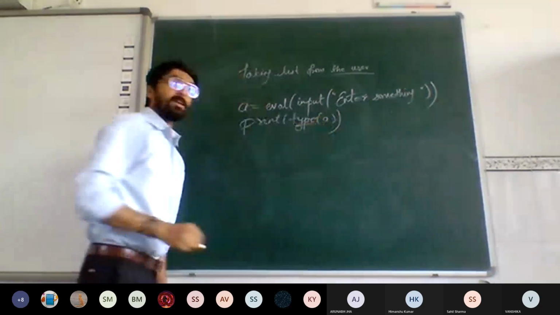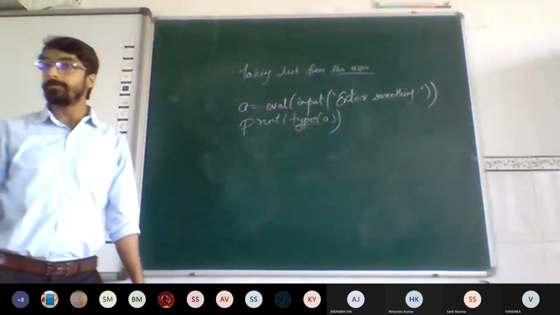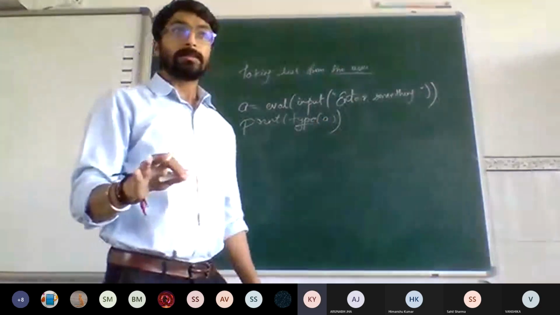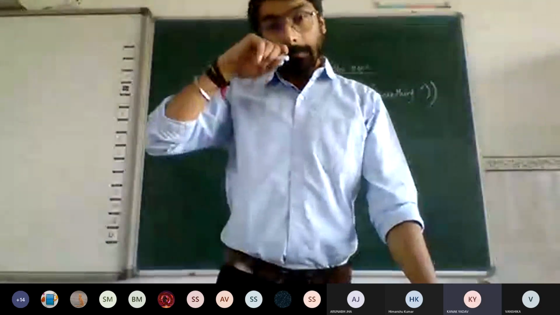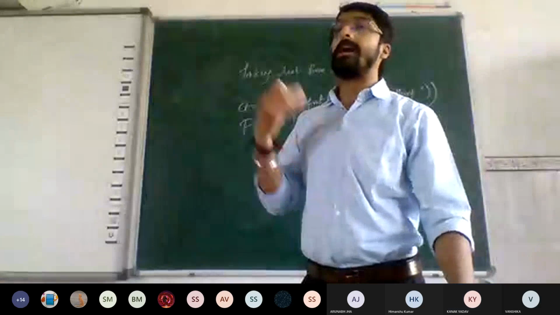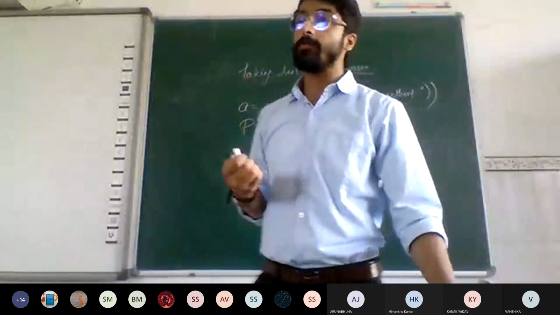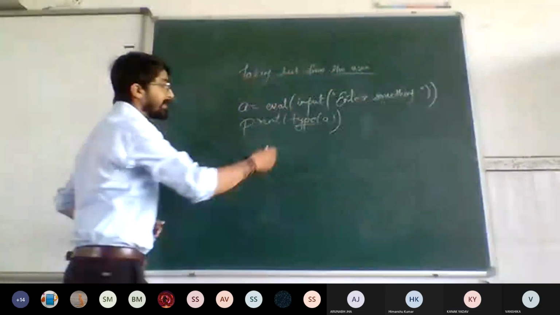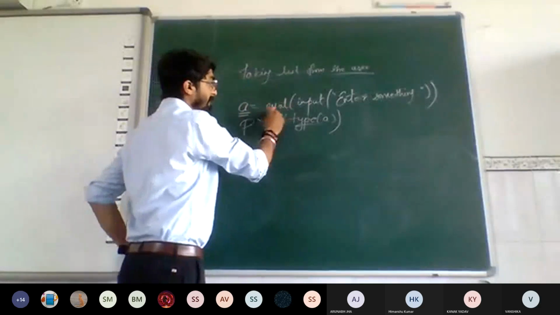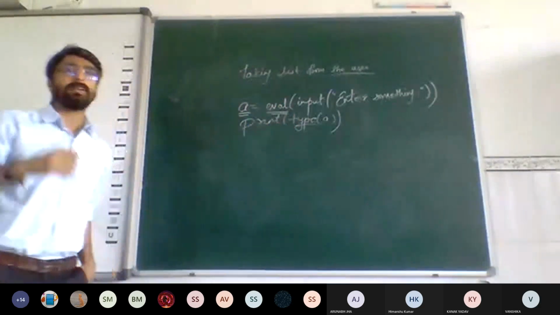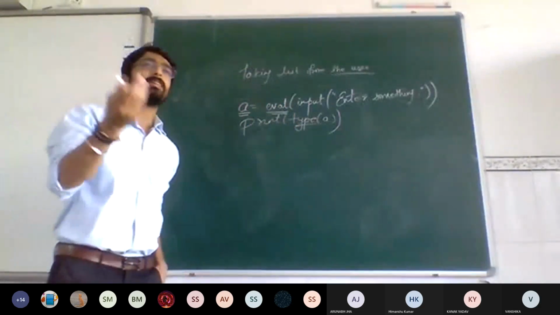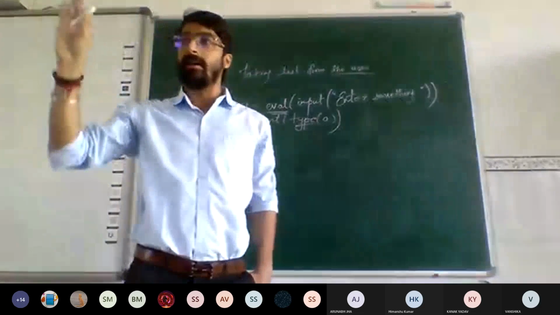You must have heard about this keyword type. Yes? So the type of the variable will display the class of the data type it depends on. Now we have a variable A, and we have written eval. We haven't mentioned whether it is an integer, a float, a list, whatever it is. We just have written eval.